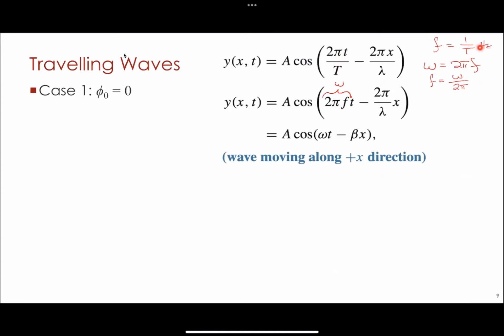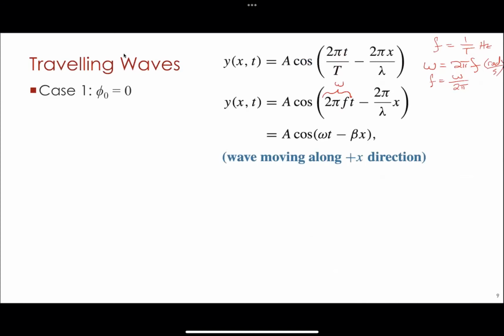So hertz is 1 over seconds. 2π is radians. It's 2π radians. So it's 2π radians per second. So the units are radians per second. Okay. The units for 2π is radians. The units for frequency is 1 over seconds. So you have radians per second.